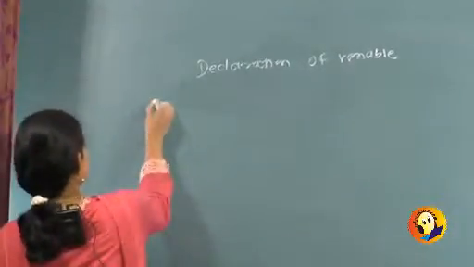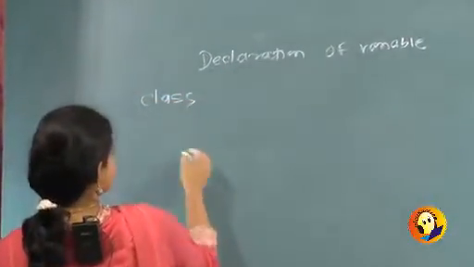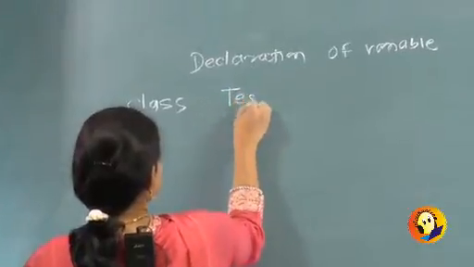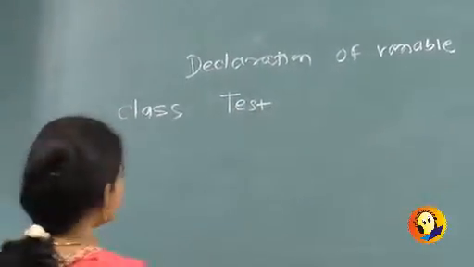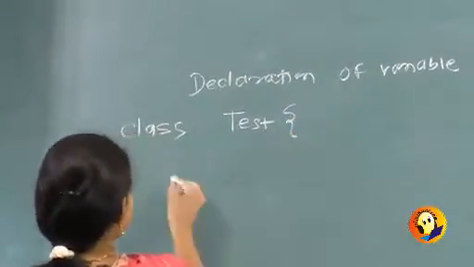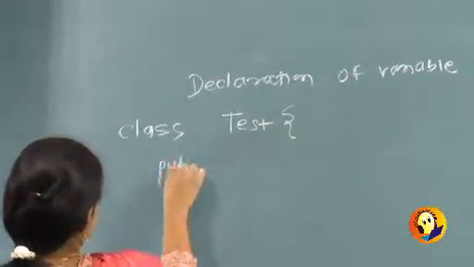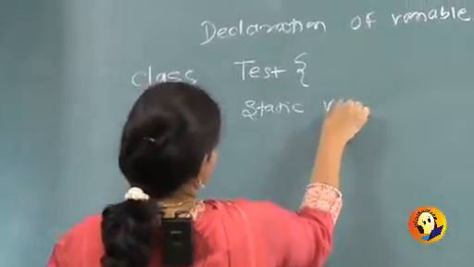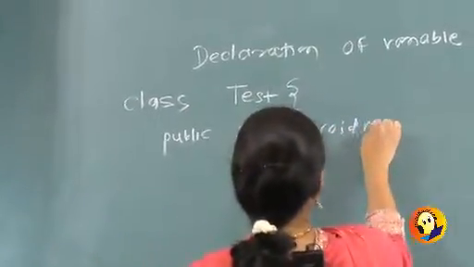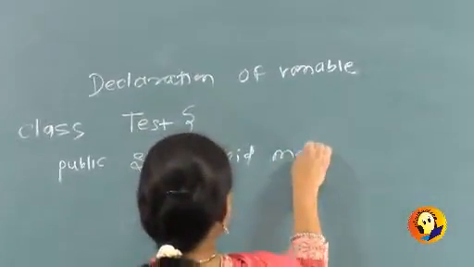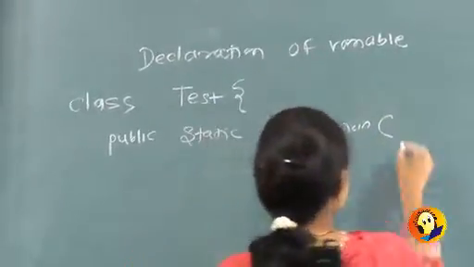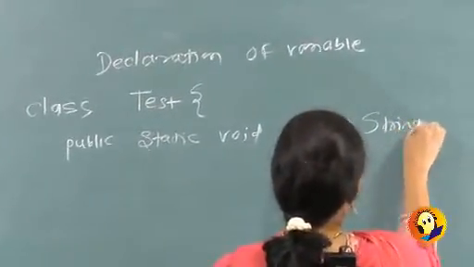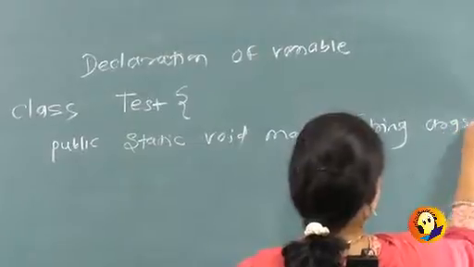For that I need to declare a class. Let's say class Test. Test is the name of the class. Inside that declare public static void main. This is a function. Inside that you need to specify String args array.